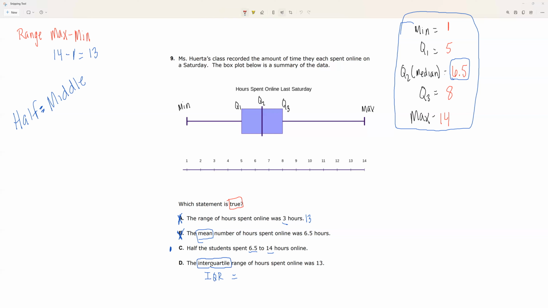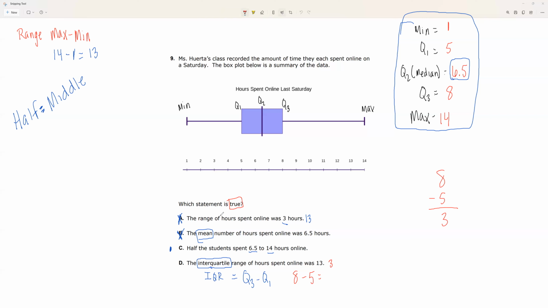So we're not doing the max and minimum of the entire set. We're doing our max quartile minus our minimum quartile, which is also Q3 minus Q1. So if I look at this, my Q3 was 8 minus my Q1 was 5, and 8 minus 5 is 3. So that should have been 3.